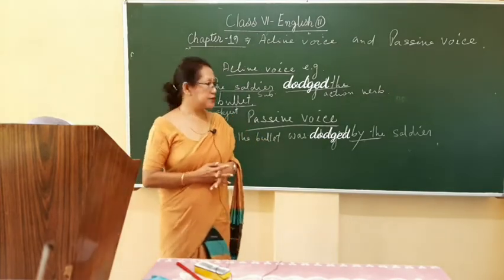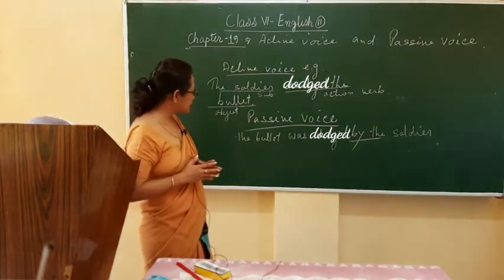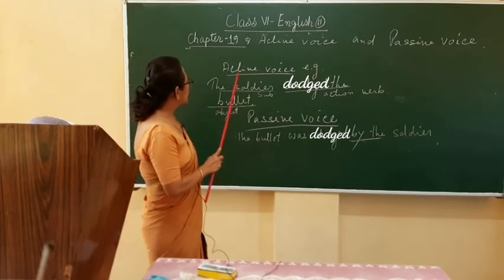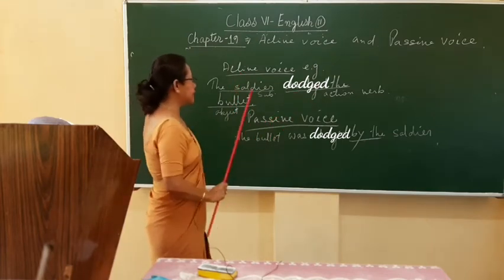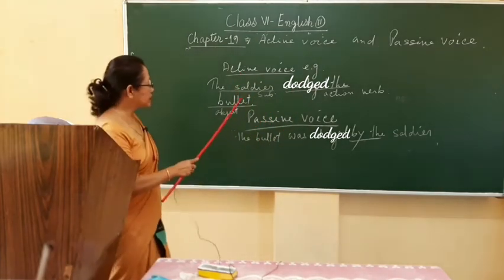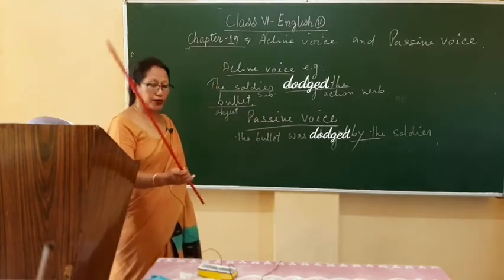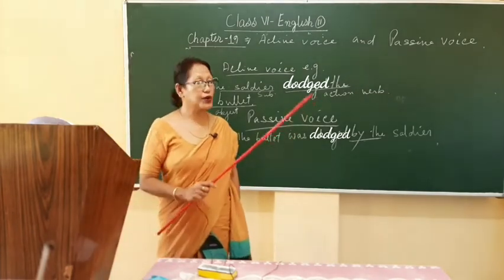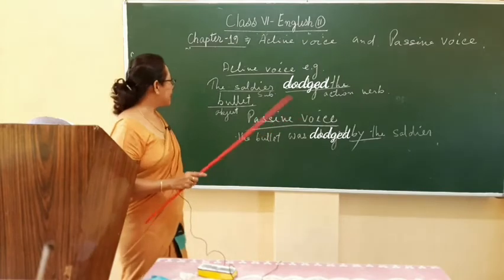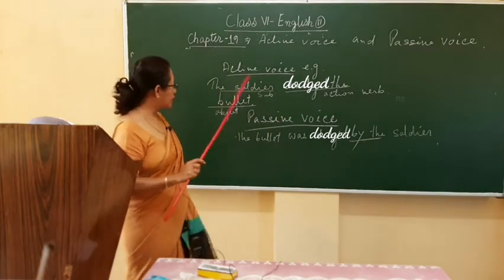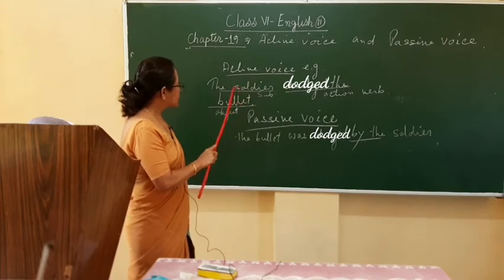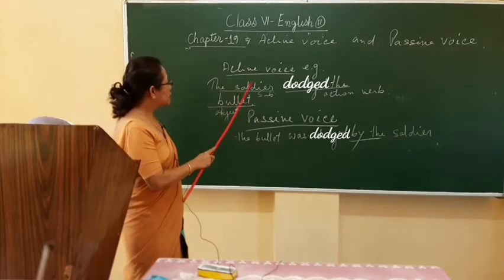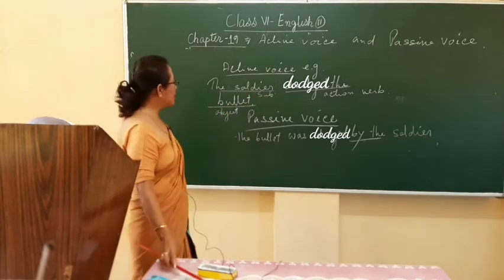Well, for example, take an example of active voice. See, the soldier dodged the bullet, okay? The soldier dodged the bullet. To know which is the subject, which is the object and the action, you can ask questions to yourself. Who is doing the action?